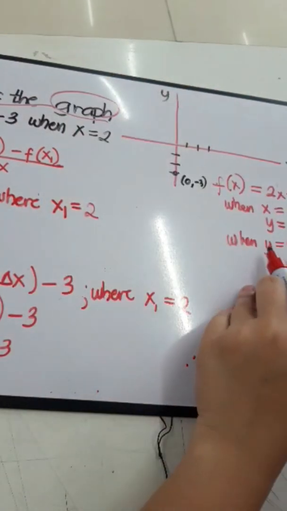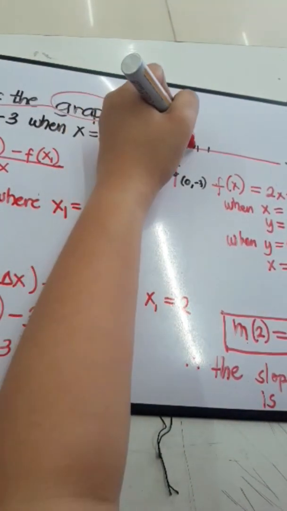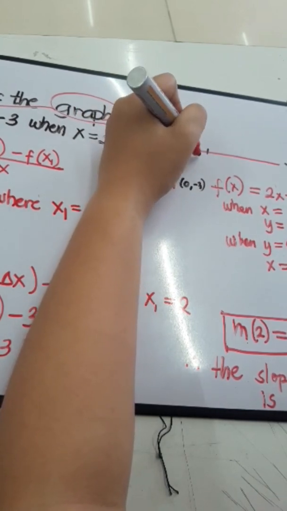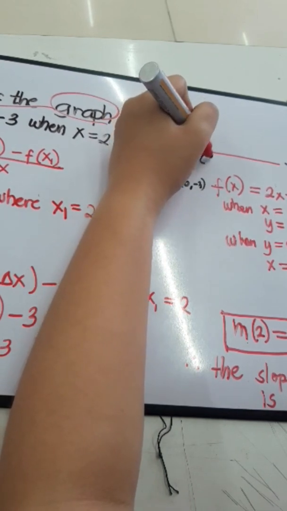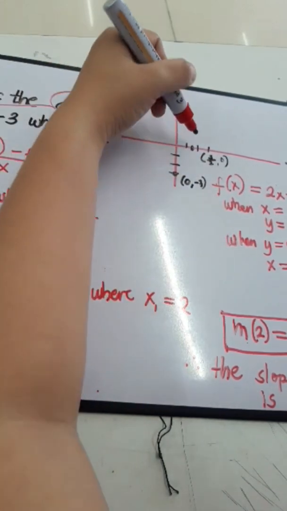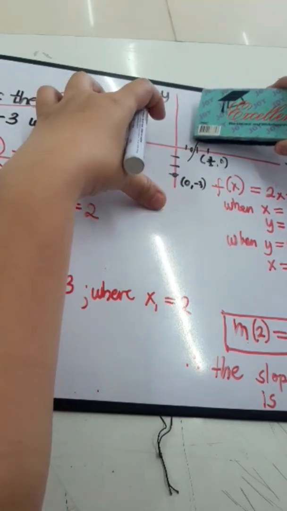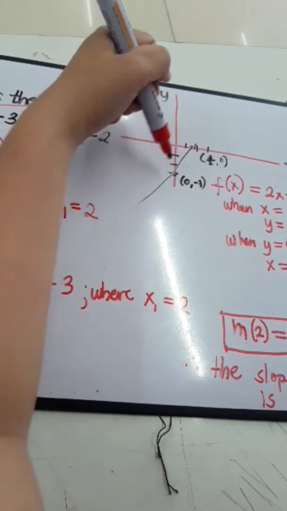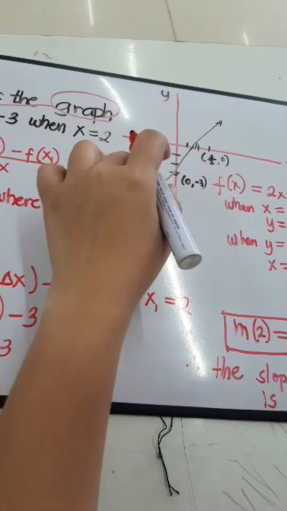Next, when y is 0, x is positive 3 halves. So about this point, it's 1 and 1 half. So this is 3 halves on x. Then we connect them. Sorry, that is our line. So this is our line.